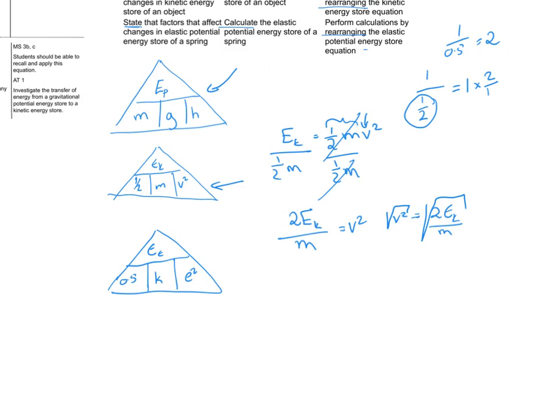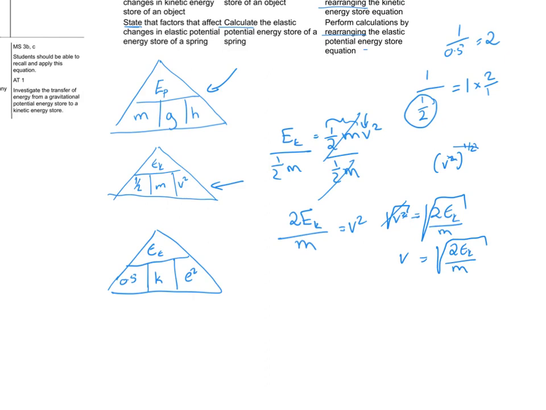Now square root actually means to the power of a half. 2 times the power of a half is 1, so that means v. So this cancels with the square root, and then you're left with square root of 2 times kinetic energy over mass. That's one way of rearranging this.